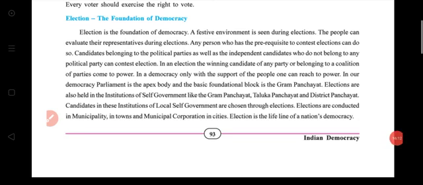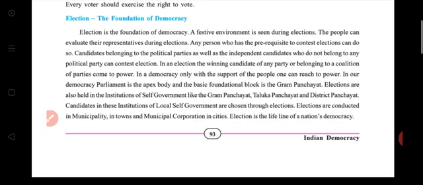So elections are also held in institutions of self-government like gram panchayat, taluka panchayat, and district panchayat. Candidates in these institutions of local self-government are chosen through election. In democracy, all the governing bodies are elected by what? Election.